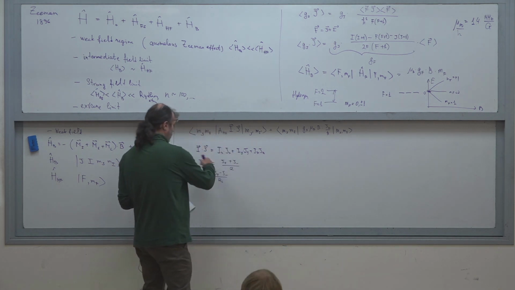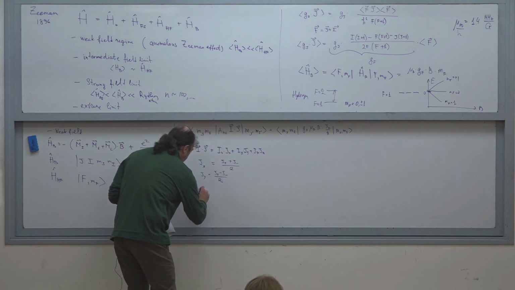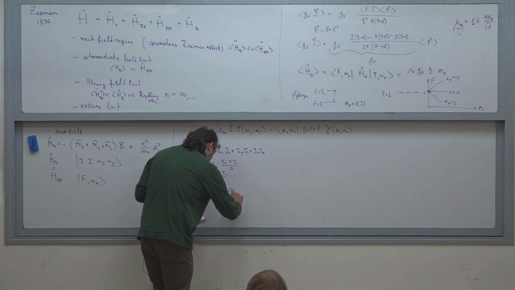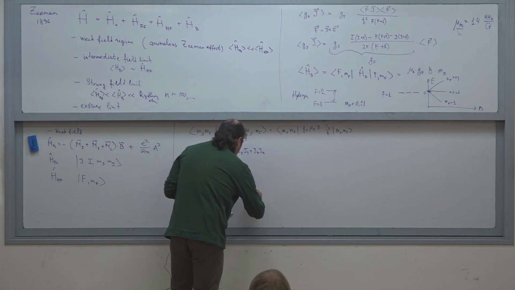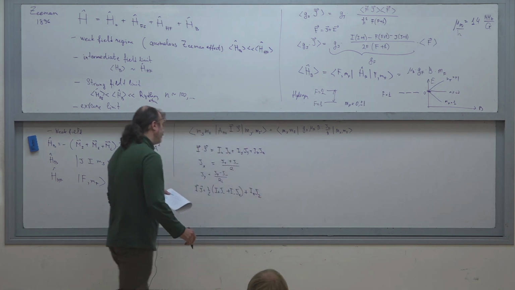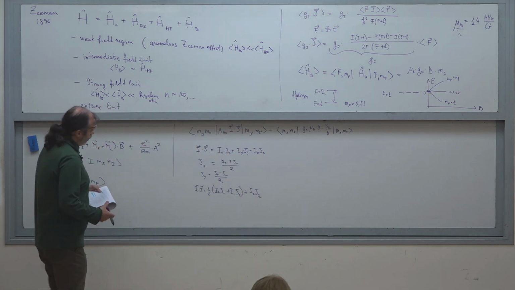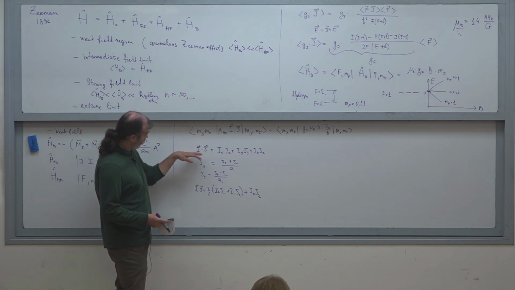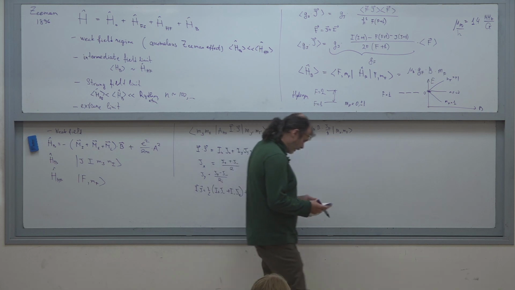Then I·J will be equal to half of (I_plus J_minus plus I_minus J_plus) plus I_z J_z. It's a different manner to write the same operator, the product of I and J.